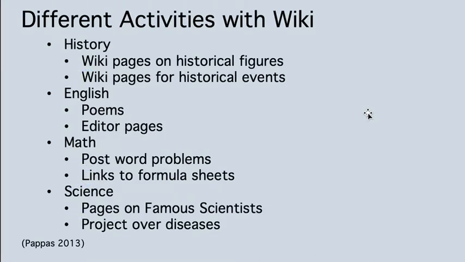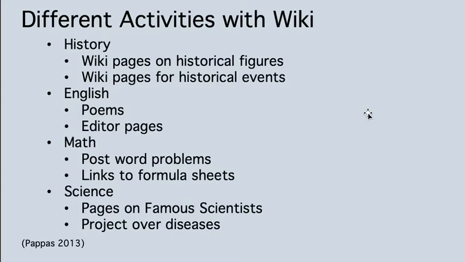No matter what subject you teach, there's a way to incorporate wikis. If you teach history, you could have students create a wiki over a historical figure or a historical event, like a battle or maybe a rise of an empire. If you teach English, you could have students edit sentences or paragraphs, and they could even create poetry or journals.